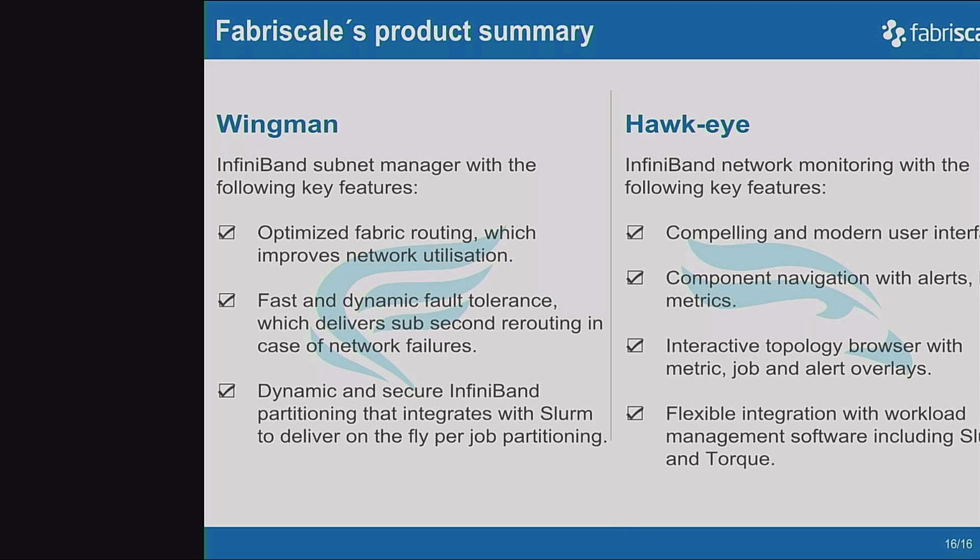And we find this particularly interesting for multi-tenant HPC systems, let's say public HPC systems that have several workloads that should not be allowed to talk to each other. And then Hawkeye, which is our network monitoring system that has a new modern user interface, no longer telnet into your favorite Mellanox switch, but get nice topology view and component navigation, and integration with Slurm.